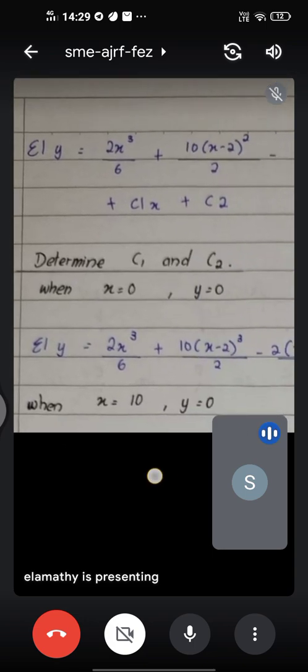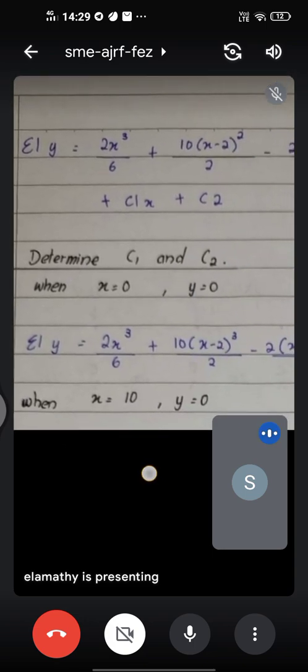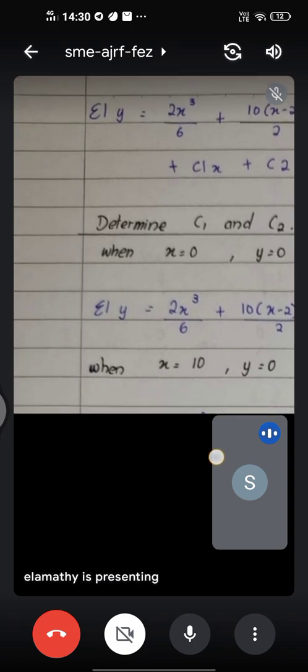Next will be determine c1 and c2. When x equals 0, y equals 0.